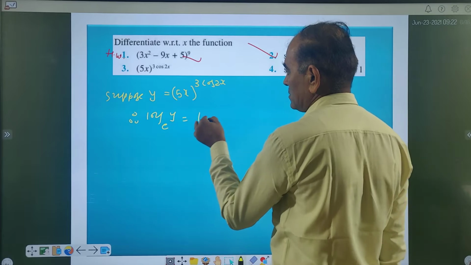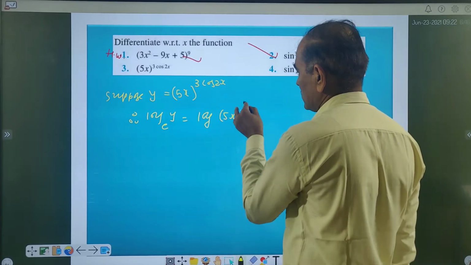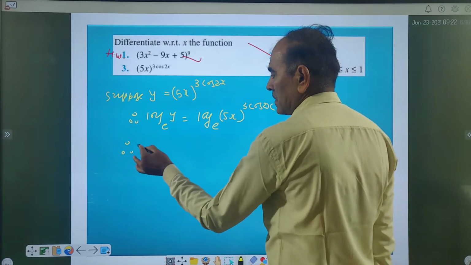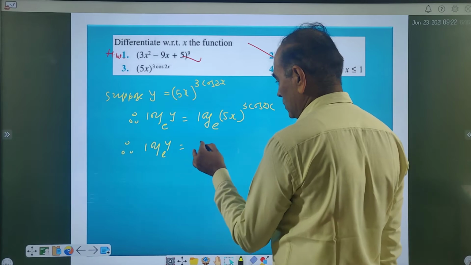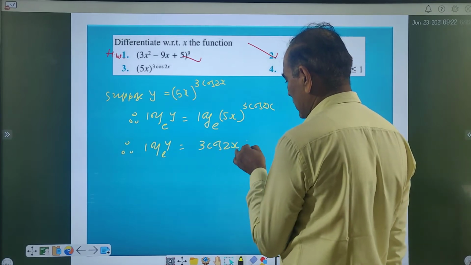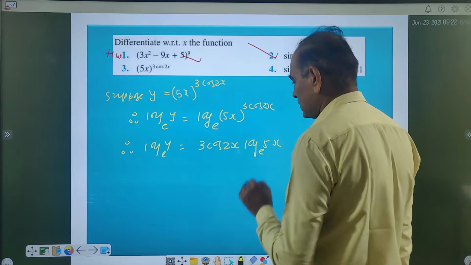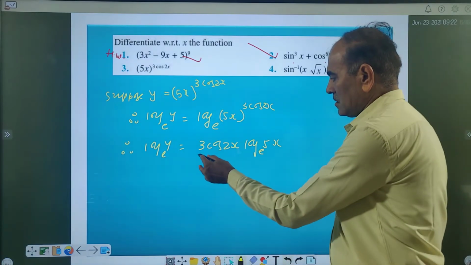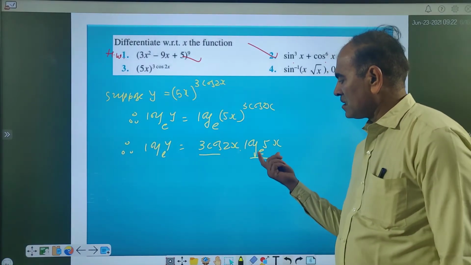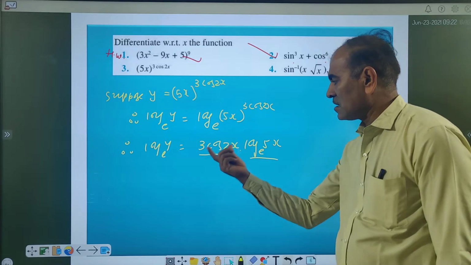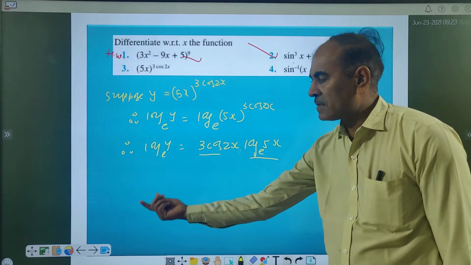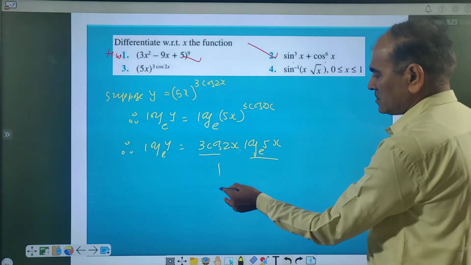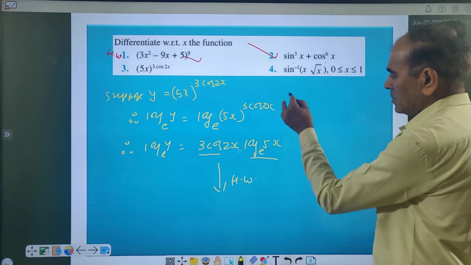Log y is equal to log of 5x raised to 3 cos 2x, and therefore log y is equal to 3 cos 2x times log 5x. Now it is very easy. Apply the product rule: derivative of this one plus derivative of the other, and log of something gives 1 by something times d by dx of something. Use that form, then you get the answer. So I am leaving this one for you.